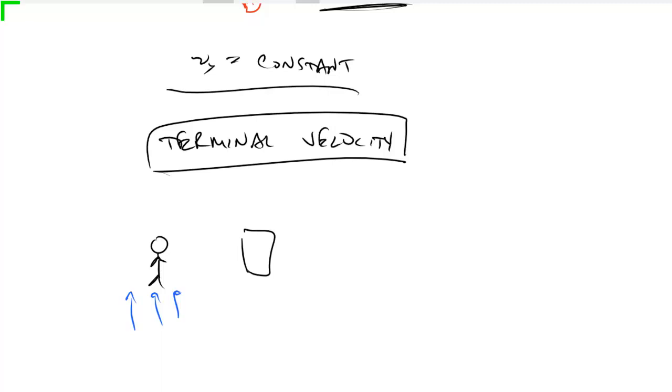If you wanted to increase your velocity, remember here the drag force is equal to 1/2 times the drag coefficient times the density times the area times the speed squared. So we could change our drag coefficient and our cross-sectional area, and you can become more streamlined, maybe a shape like this.